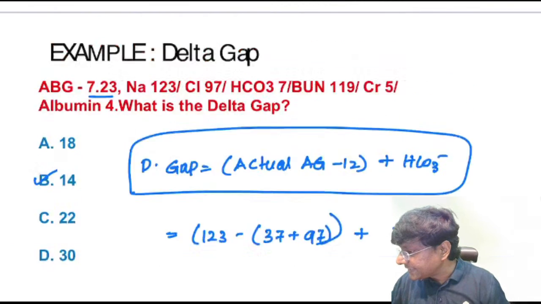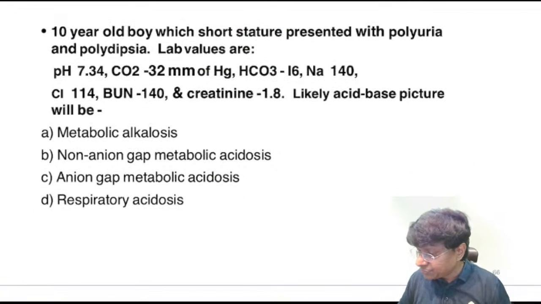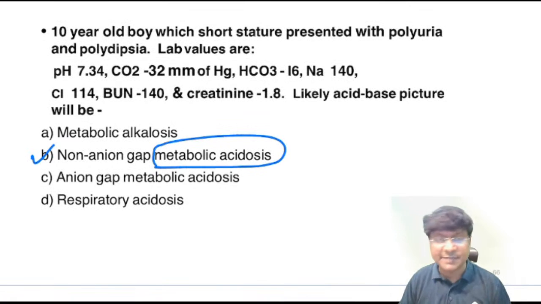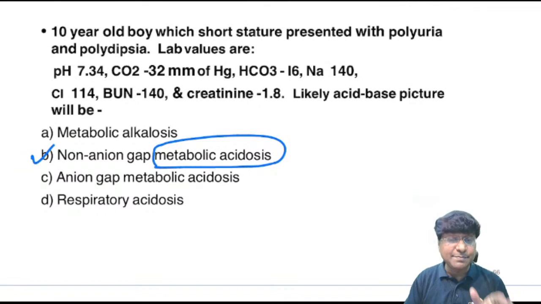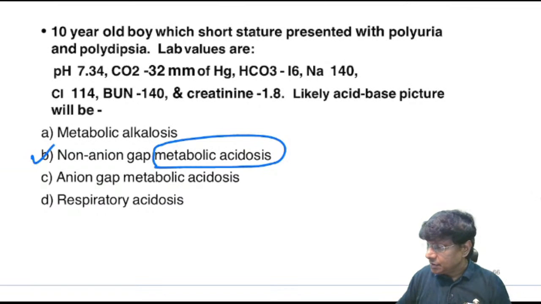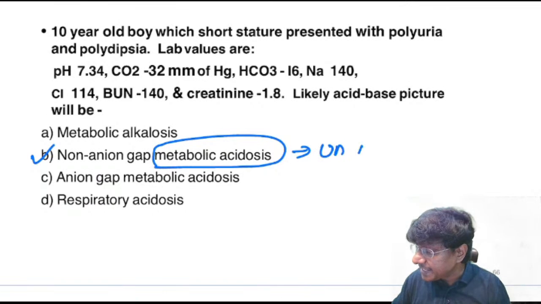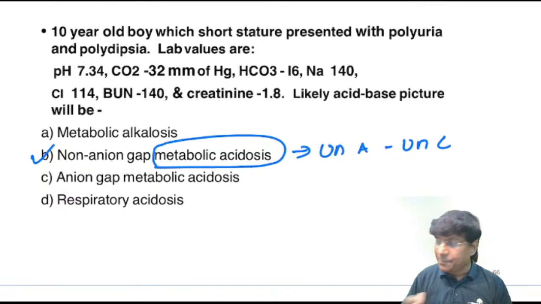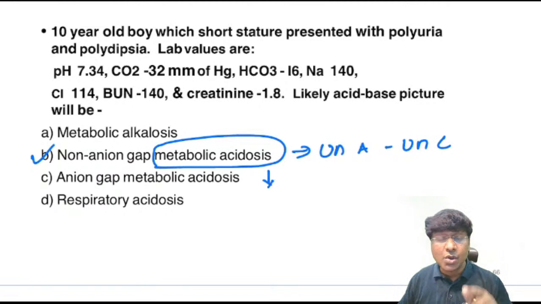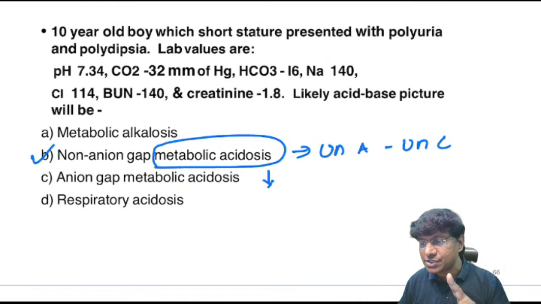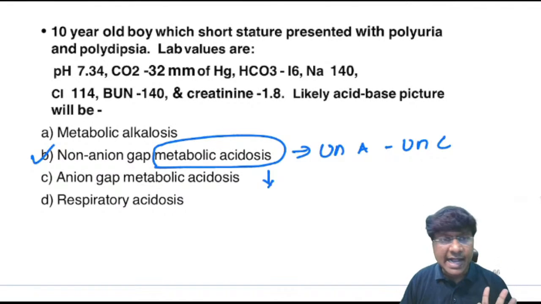You will calculate the anion gap if there is metabolic acidosis in the patient. In this metabolic acidosis, you need to know how many unmeasured anions and unmeasured cations are there. Depending upon that, you will be able to assess what type of metabolic acidosis it is, whether it is normal anion gap acidosis or high anion gap metabolic acidosis.